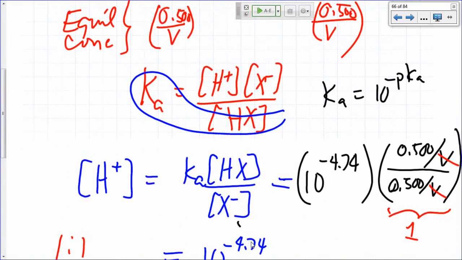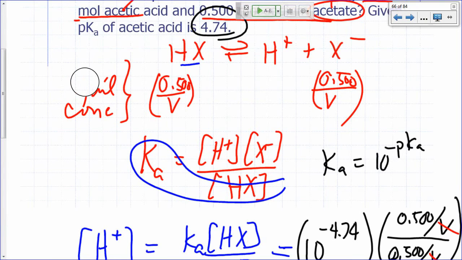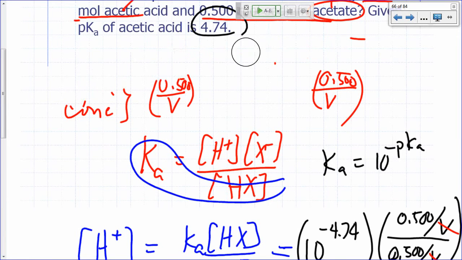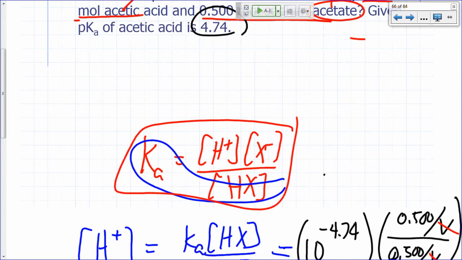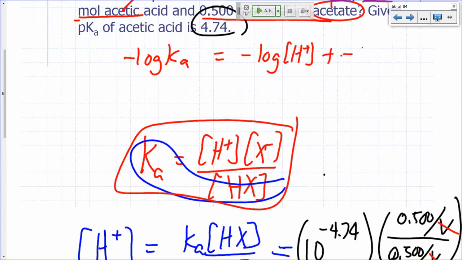Let's look at this another way. If you have Ka equals H plus times X minus over HX, then if you take the negative log of both sides, you get negative log of Ka equals negative log of H plus, plus negative log of base, which would be X minus over acid HX.